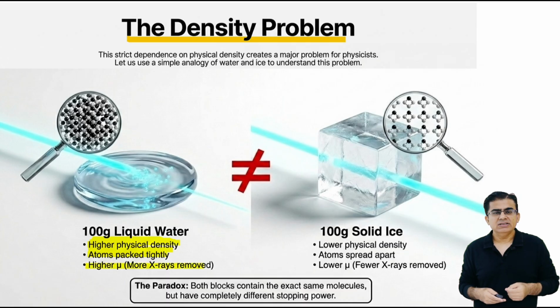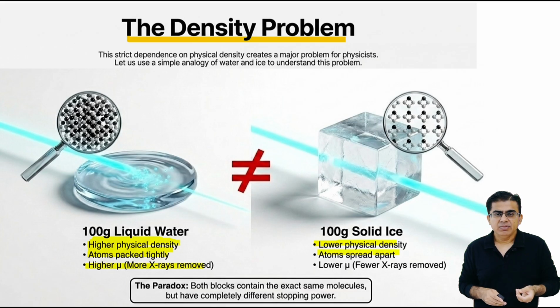Now let us look at this solid block of ice made up of exactly the same 100 grams of water. We know that the ice is less dense, which is why it floats on water. Its atoms are spread much further apart. That means it has lower density. Because of this lower density, ice will remove fewer X-ray photons per centimeter.